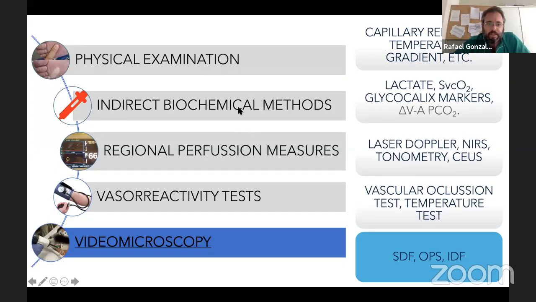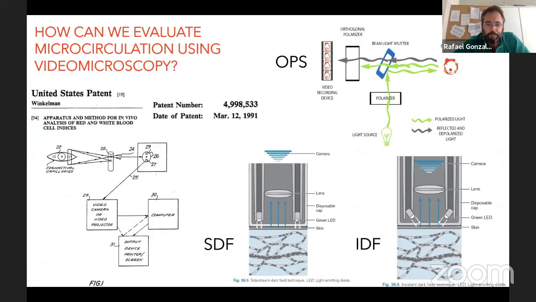We have physical examination, we have biochemical methods, we have regional perfusion measures, like Pablo will talk about later with NIRS. We can also perform vasoreactivity tests, but what I'm going to talk about is the use of videomicroscopy, a technique that can give us direct visualization of the microcirculatory compartment.